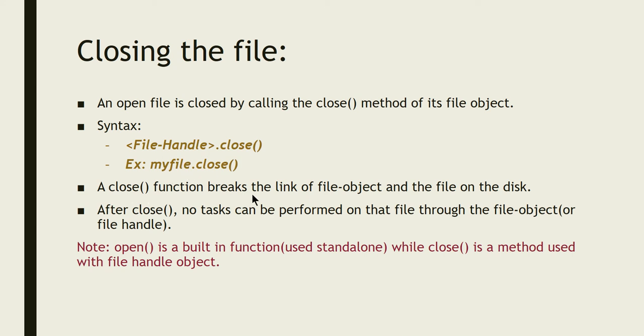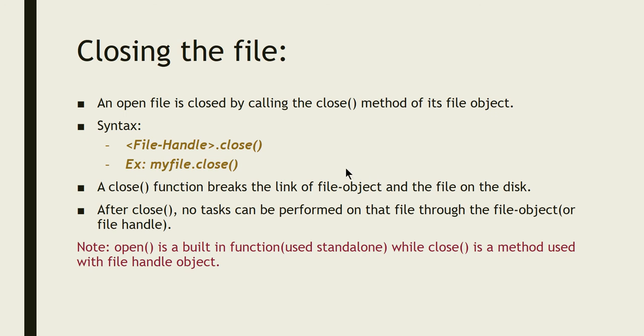The close function breaks the link between the file object and the file on the disk. What we have learned is that the file object stores the reference or link to the file on the disk. So when you call close, that reference or link will be broken.